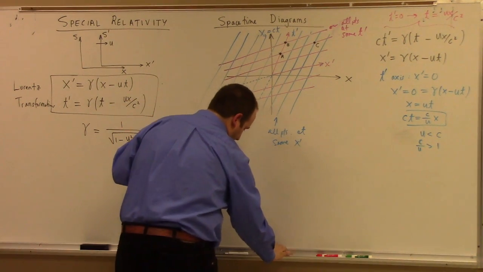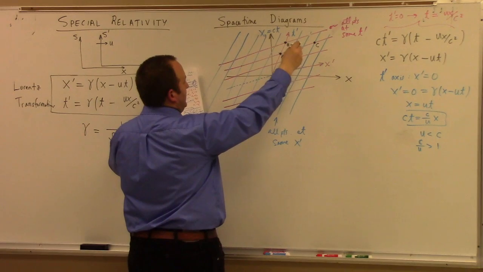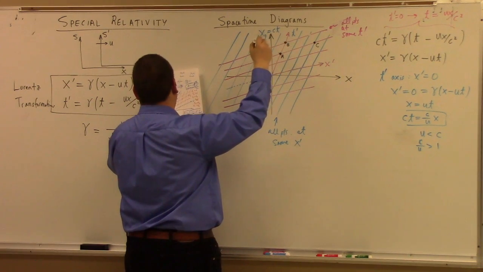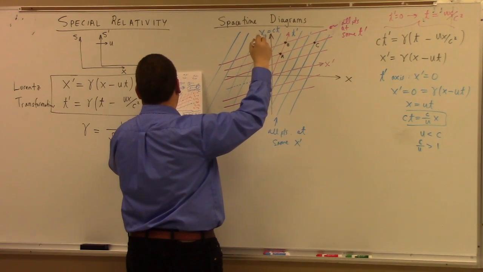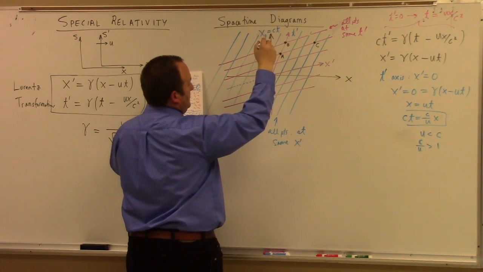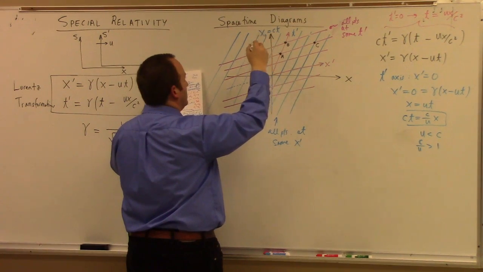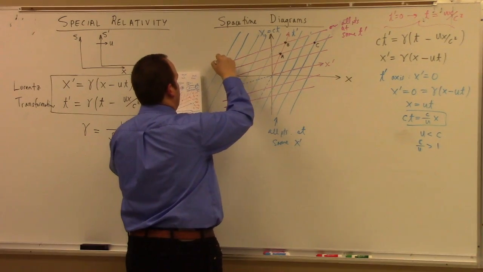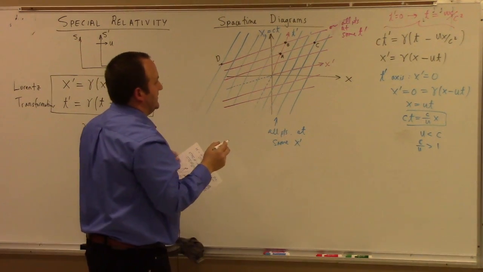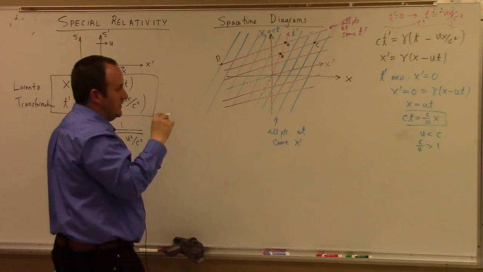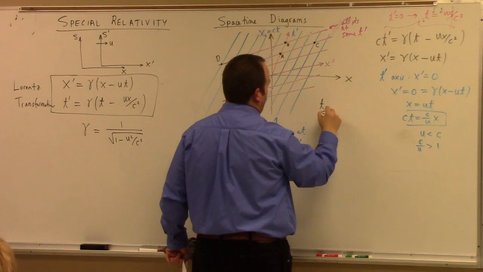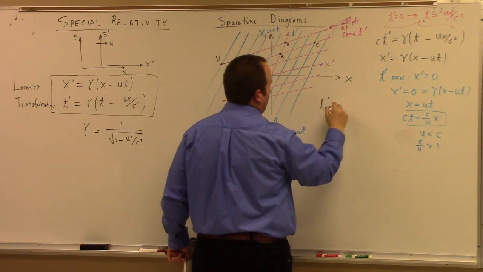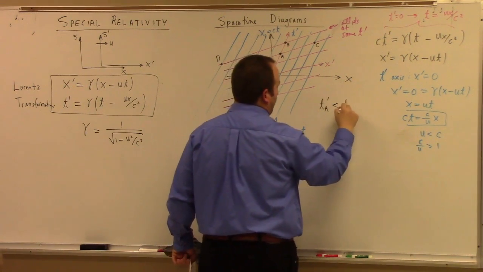So I'm trying to find, I mean, if you look at it, you can eventually get an event D like this. Now what I'm trying to get at here, guys, is I think we can all agree that TA prime is less than TB prime, right?